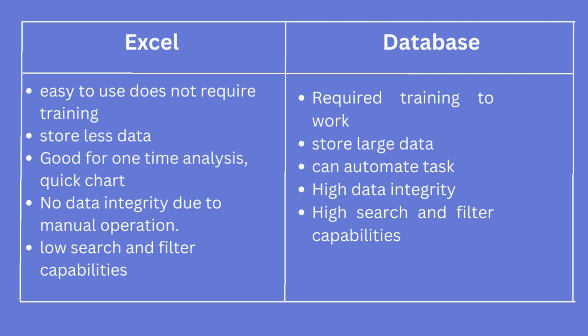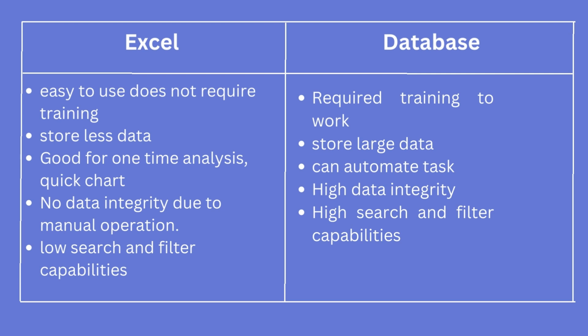Next is no data integrity due to manual operations. In our Excel sheet, many times we need to enter things manually, so it will not provide integrity in our data.